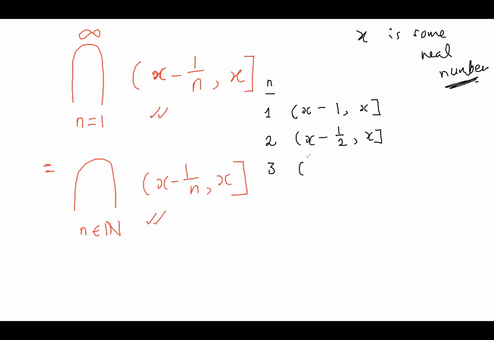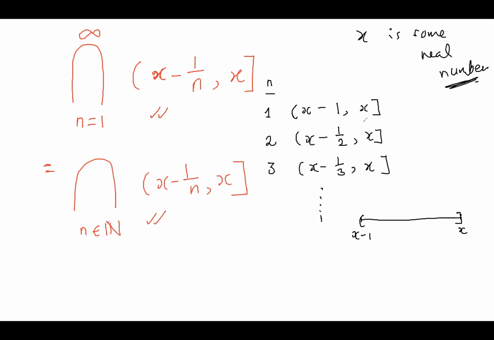When it's 3, it will be x minus 1/3 to x, and so on. If you sketch it, this is your x, so x minus 1. Then it will get closer.